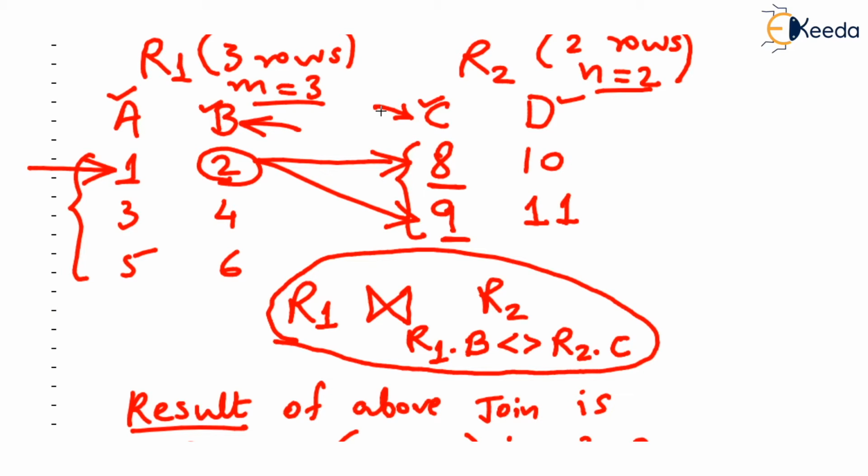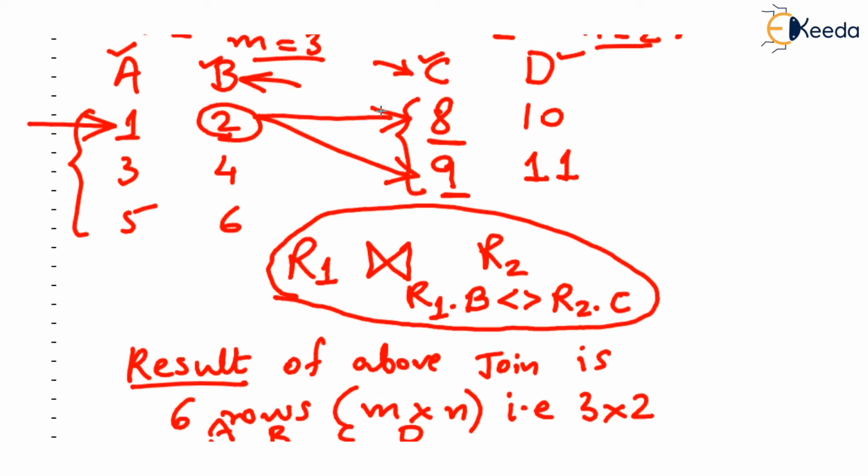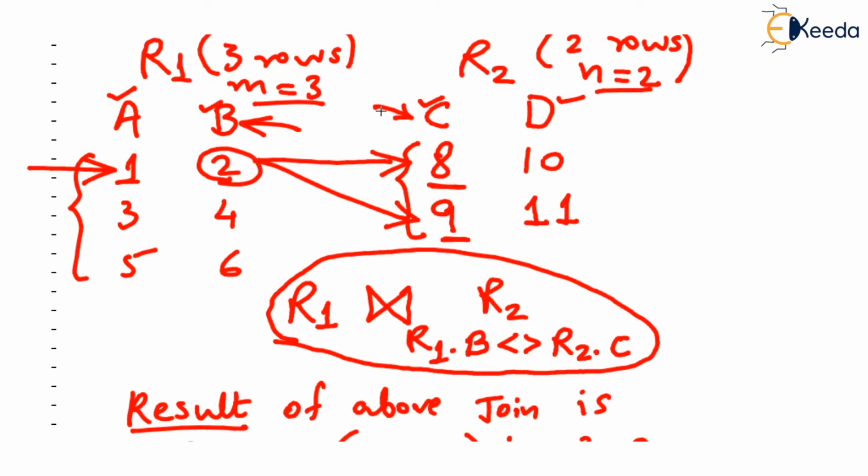That means these two rows will be shown in the result, isn't it? 1, 2, 8, 10, agreed, and 1, 2, 9, 11. These are the values of A, B, C, D. So two rows have been already selected. What will happen next? I hope you have understood by now. This second row will also be joined with these two rows.